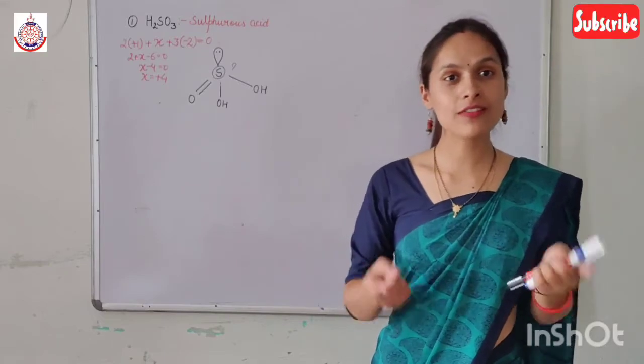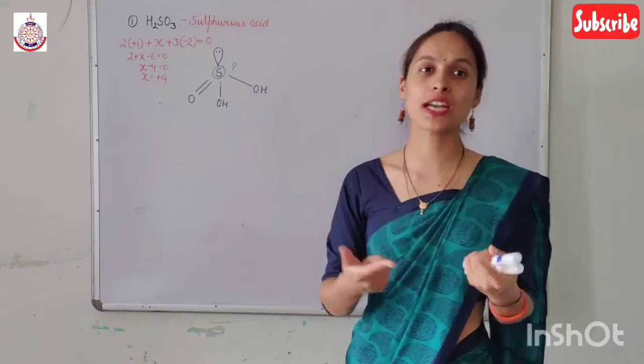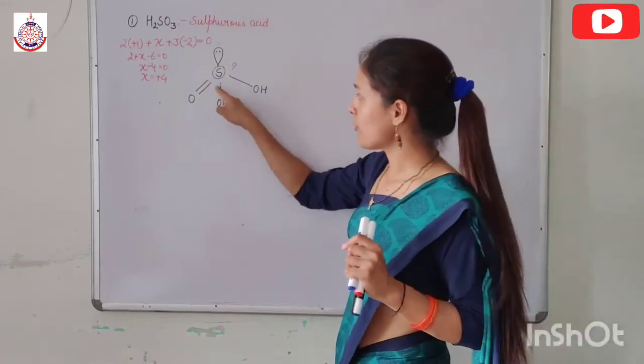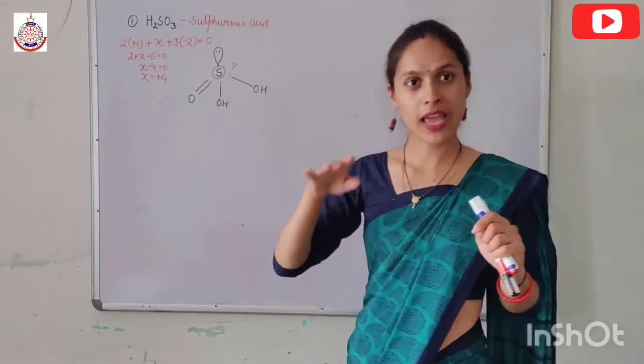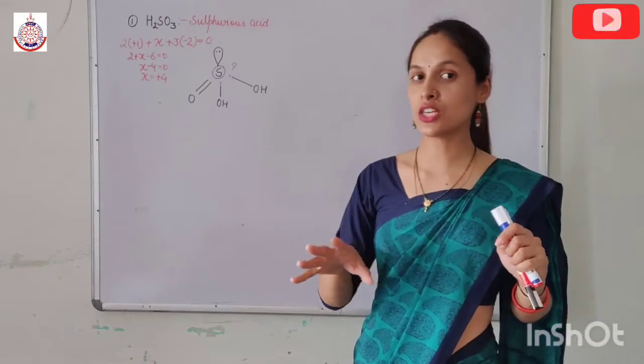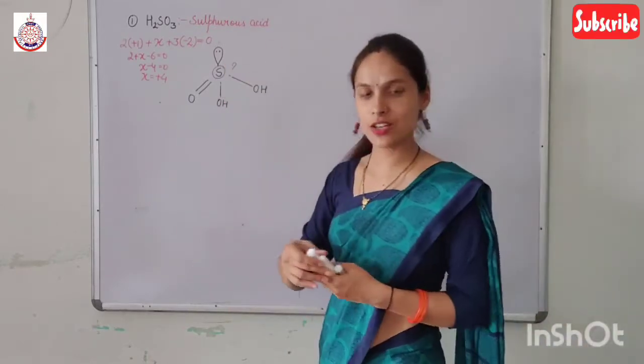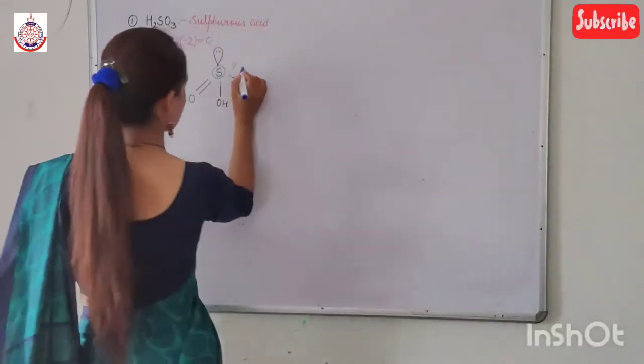How many positive? The number of electrons shared by the sulfur. The number of electrons shared is 4, and 4 electrons are shared towards the oxygen. Therefore the oxidation state of sulfur becomes +4.